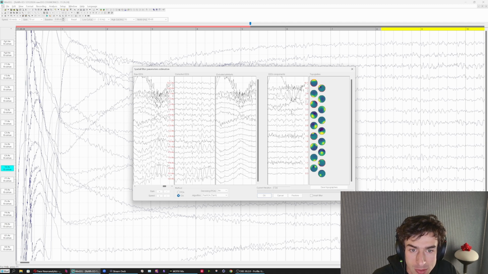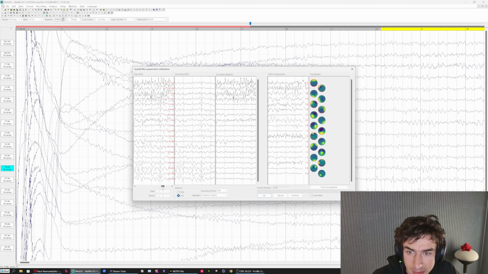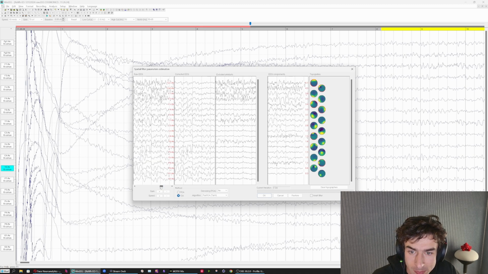There's a little bit of buzz going on at T8. That's going to clean up that right muscle tension. Unfortunately, it's also going to squash things a little bit.